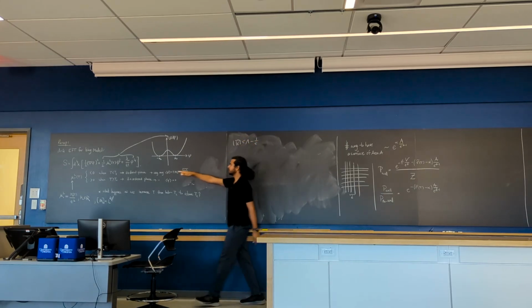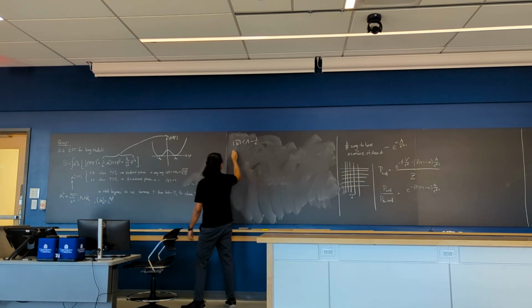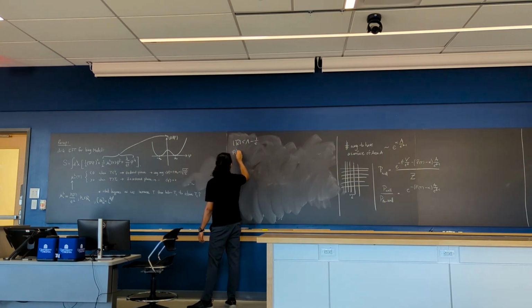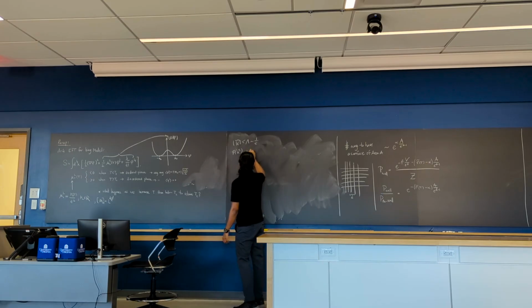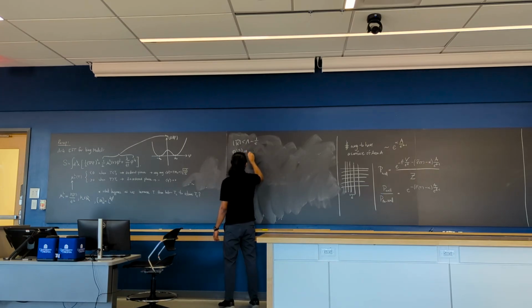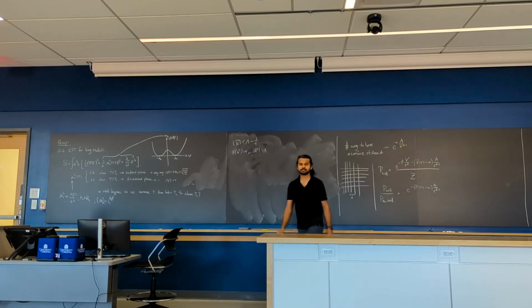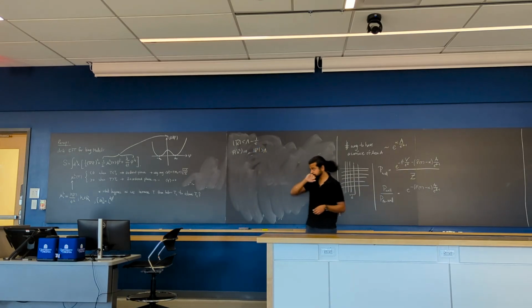And phi in Fourier space makes sense only when it is equal to 0 when k is greater than lambda. Right, that's the way we impose the cutoff.